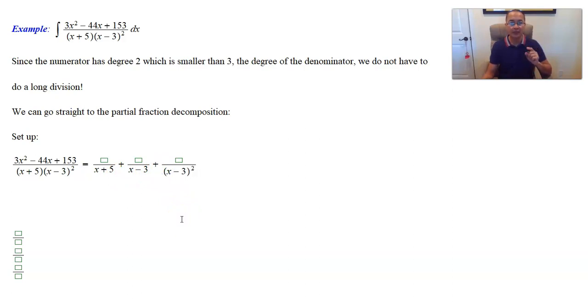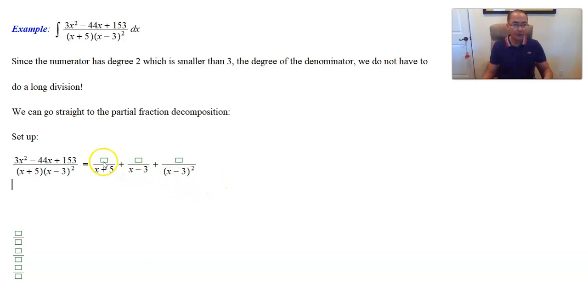So you've got to remember this. When a linear term has an exponent, it's called a multiplicity. So this has multiplicity 2, and you should have 2 terms. And of course you can extrapolate. If that's a 3, then you will have a third term that has x minus 3, and this time it will have a cube.